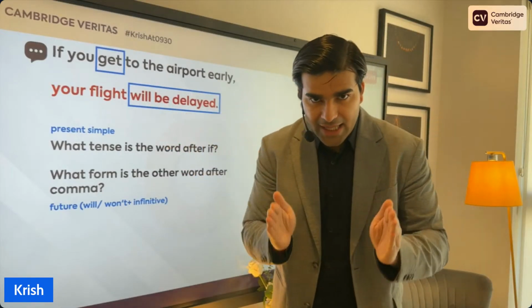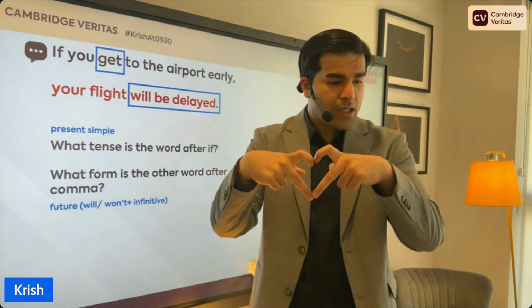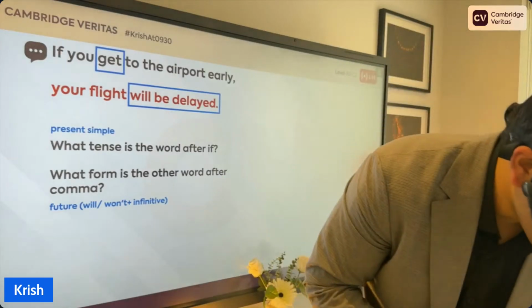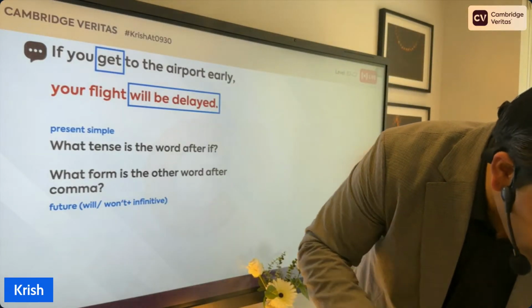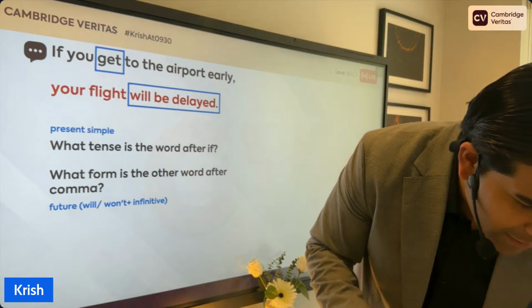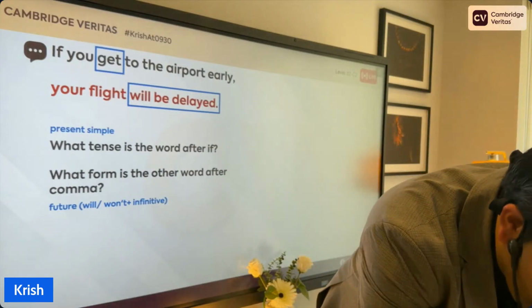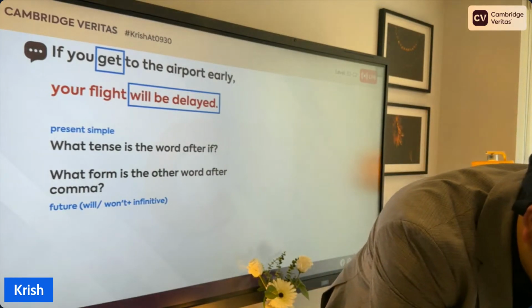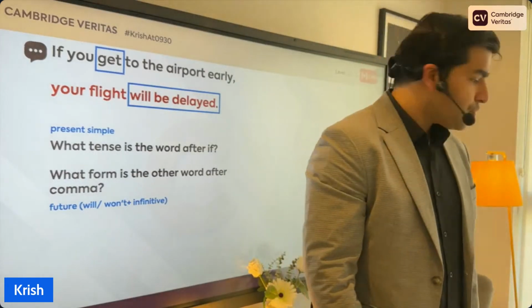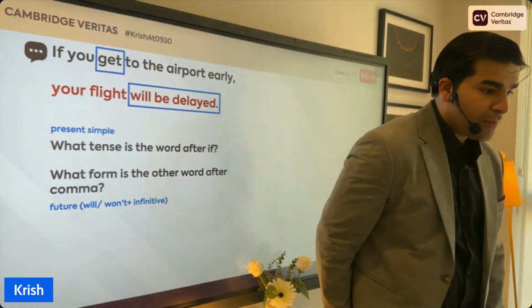If you understand the structure, give me a heart in the live chat. Or you can type whatever. Priya finds it difficult, so you can type anything that you want. Just let me know if you understand this, please. Thank you. I have to charge it as well. Give me a moment.